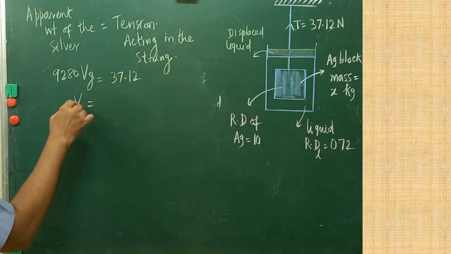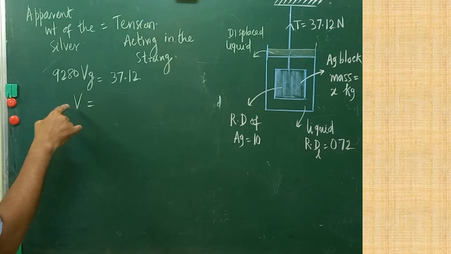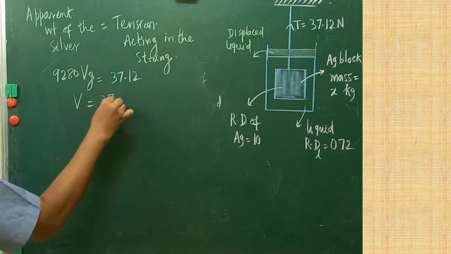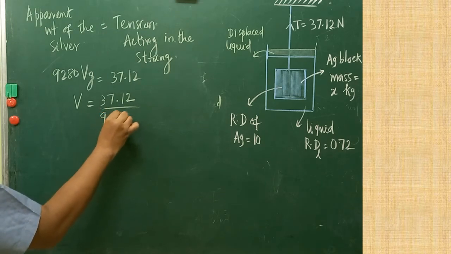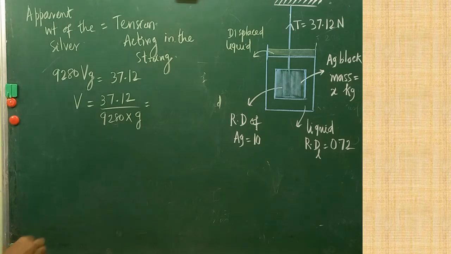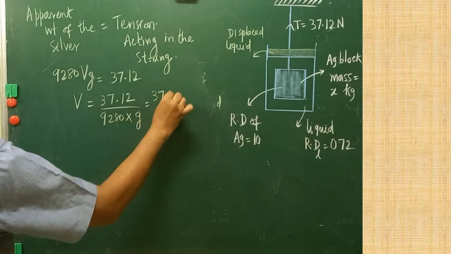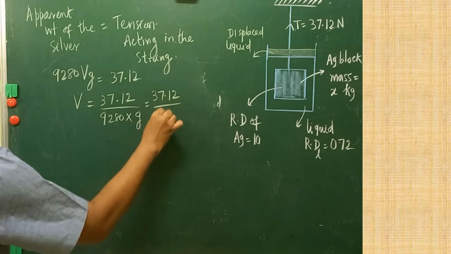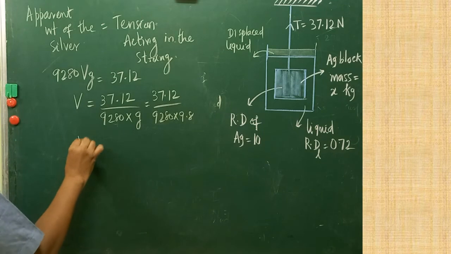Volume of the liquid and volume of the silver block are both the same. Therefore V can be kept on one side. 37.12 divided by 9280 into g can be written. So after simplification, you will get 37.12 divided by 9280 into 9.8.